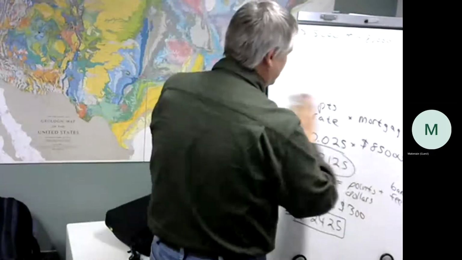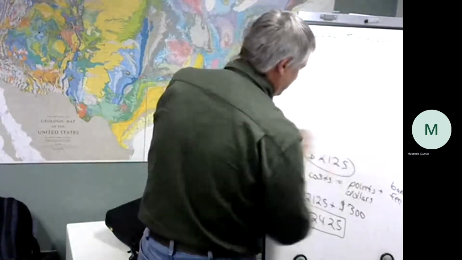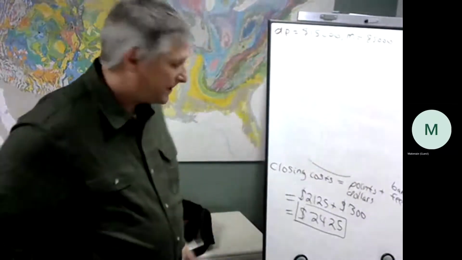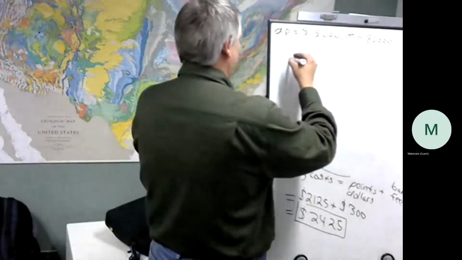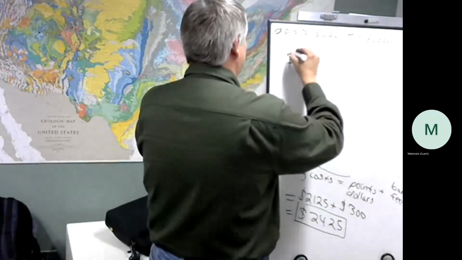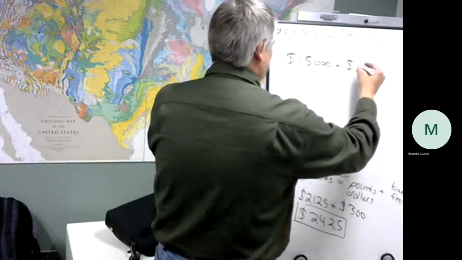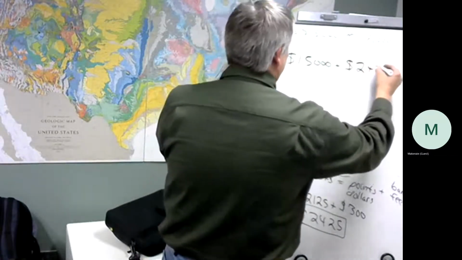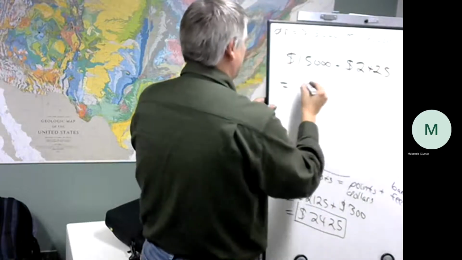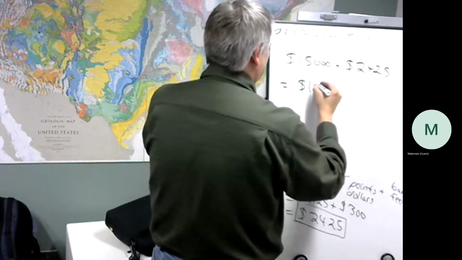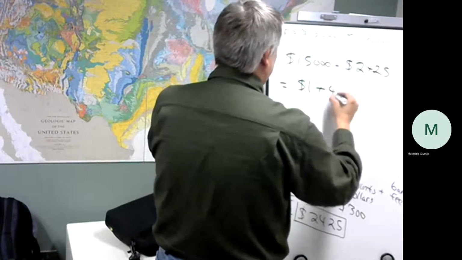So how much do we need to show up to the bank with to purchase this property? Well, it's going to be 15,000 plus 2,425 for 17,425.